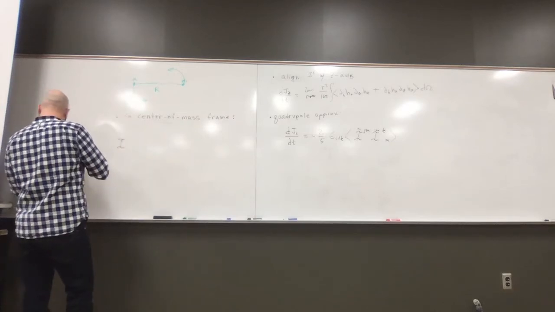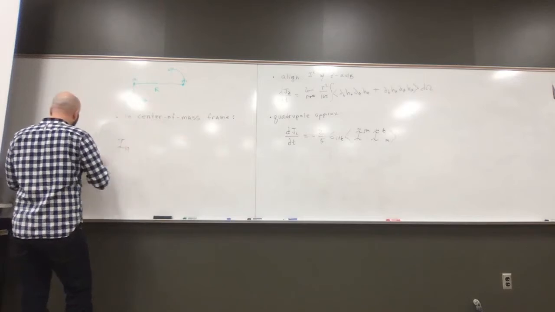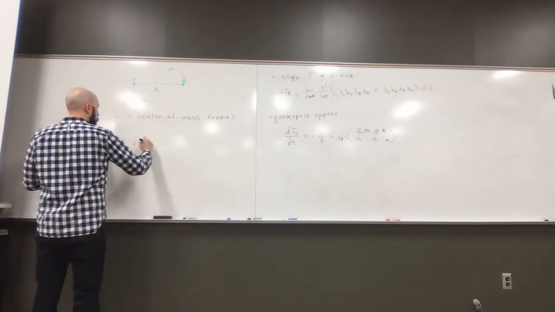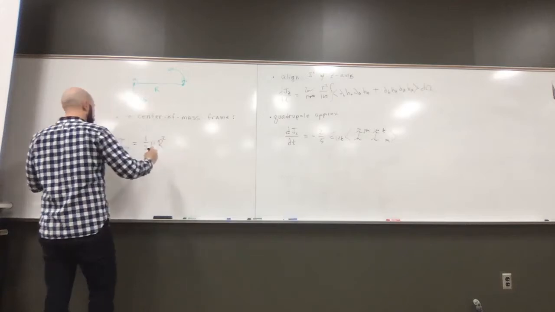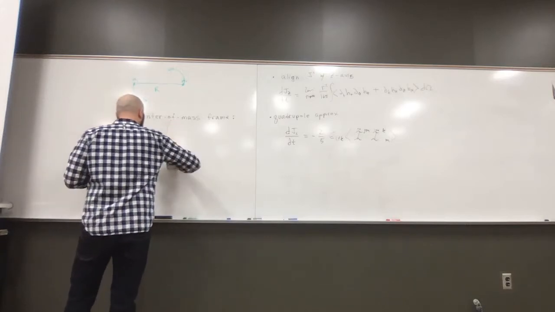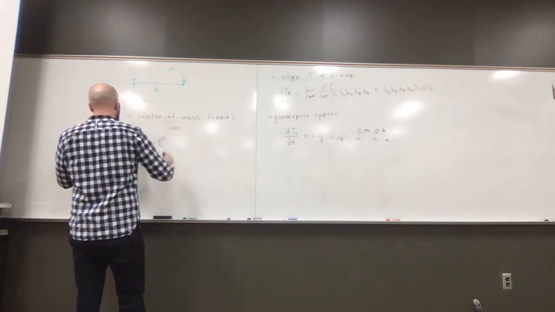So let's see. Curly I_ij is equal to 1/2 mu, which I'll define in just a second, R squared, all times the following. I'm going to write the matrix out.